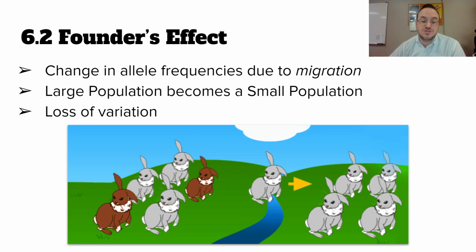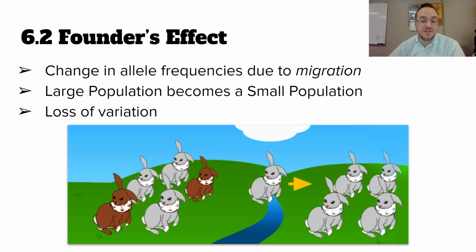So you can see the two populations here, right? We've got a bunch of bunnies with some gray and some brown fur. Some gray bunnies leave the population to start a new population. They cross this river, so the new population only has gray bunnies. And over time, those two bunny populations may change and be unable to reproduce with each other down the road.